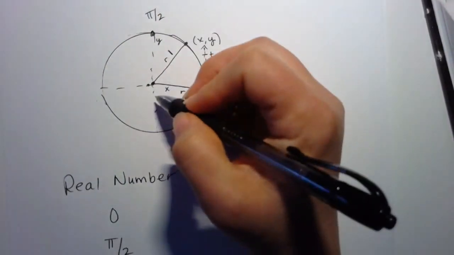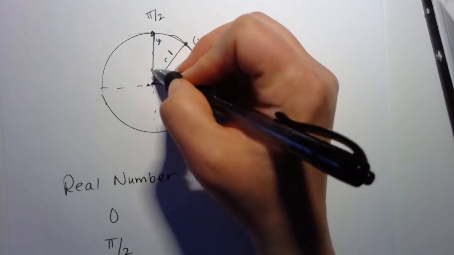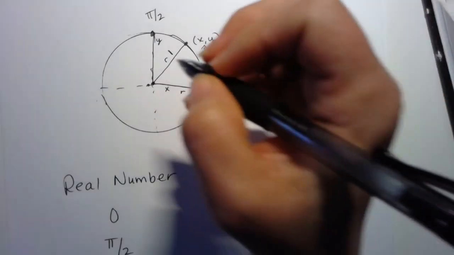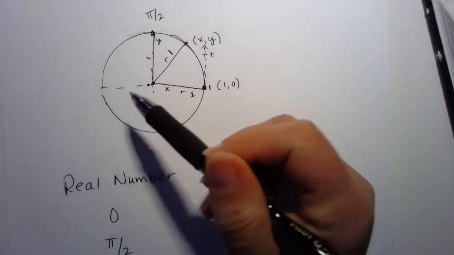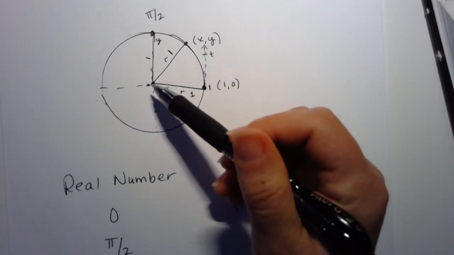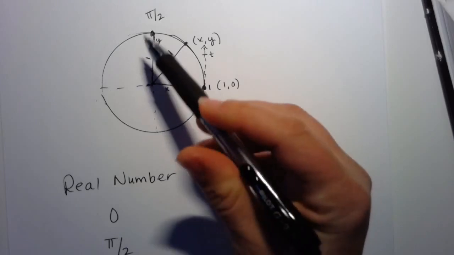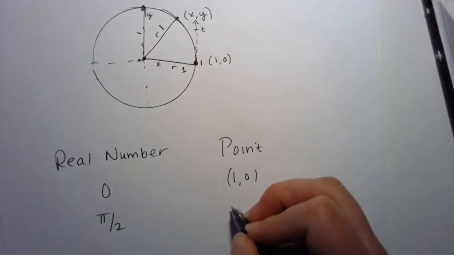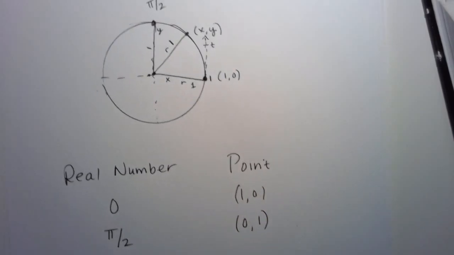Again, this is a radius inside the circle, going from the center to the outside, so it has a radius of 1. If I wanted to write it in xy coordinates, it doesn't go anywhere left or right, so my x is 0, it's a y-intercept, and my y coordinate is 1, so that goes with the point 0, 1.